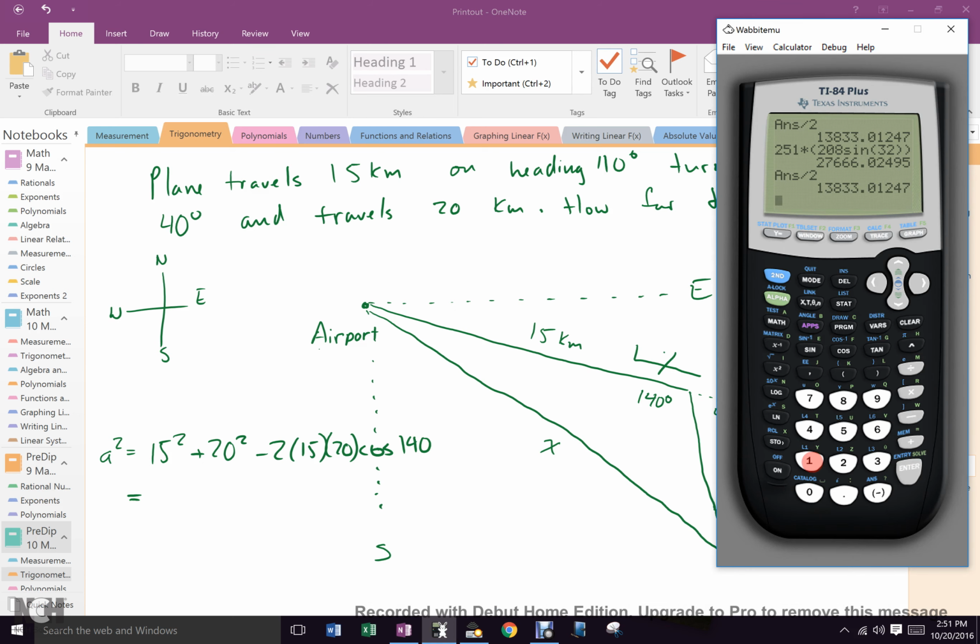Square root of 15 squared plus 20 squared minus 2 times 15 times 20 times cos 140, close brackets for the cos, close brackets for the square rooting, equals 32.93 kilometers.